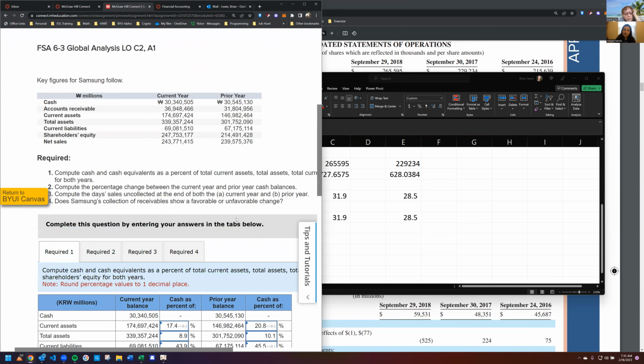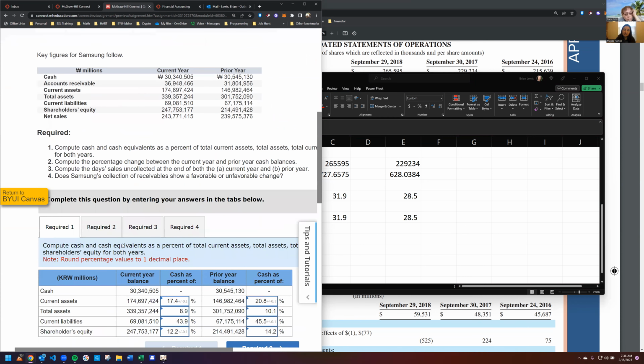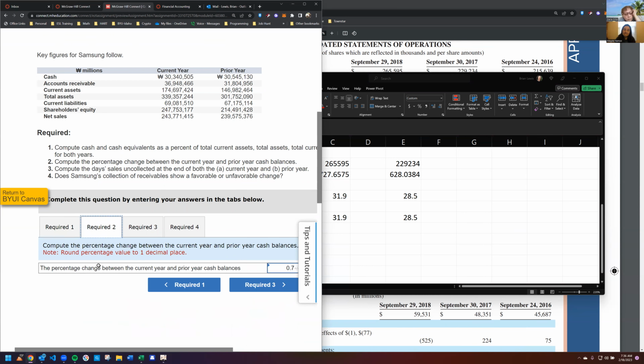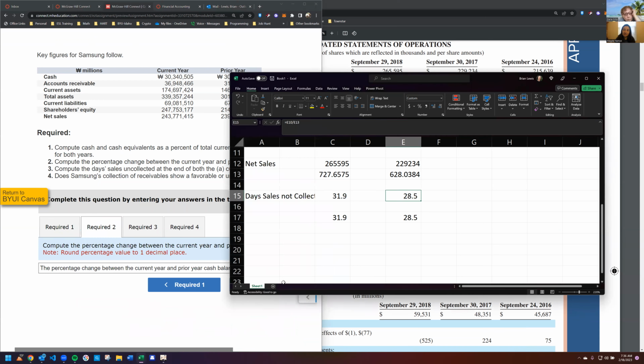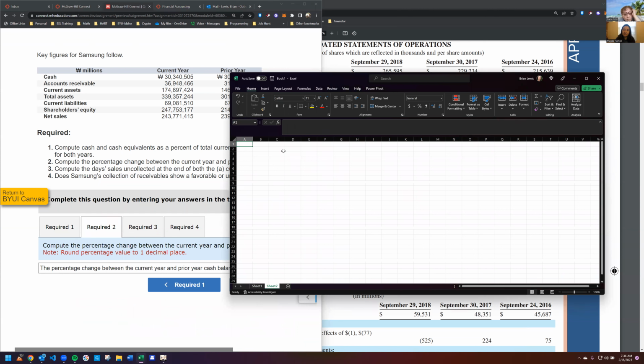Okay, number 3 is going to be: compute cash and cash equivalents as a percent of total. That's going to be very similar. They already gave you the numbers, and so you're doing cash and cash equivalents, this number divided by these, right? That one we've already gone over. The change percent between the current year and prior year cash balances, we did that, right? Your cash balance one year over the other. Let's just go ahead and do it for the grins.